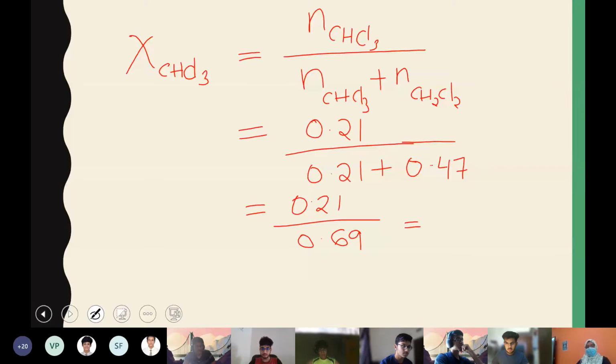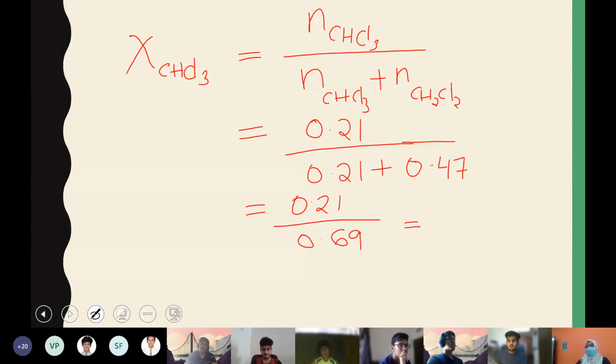Using the same way, you can calculate the mole fraction for dichloromethane also, or there is one more method to do it. Ma'am, it's 0.68 in the denominator, right? Yes, the denominator is 0.68.